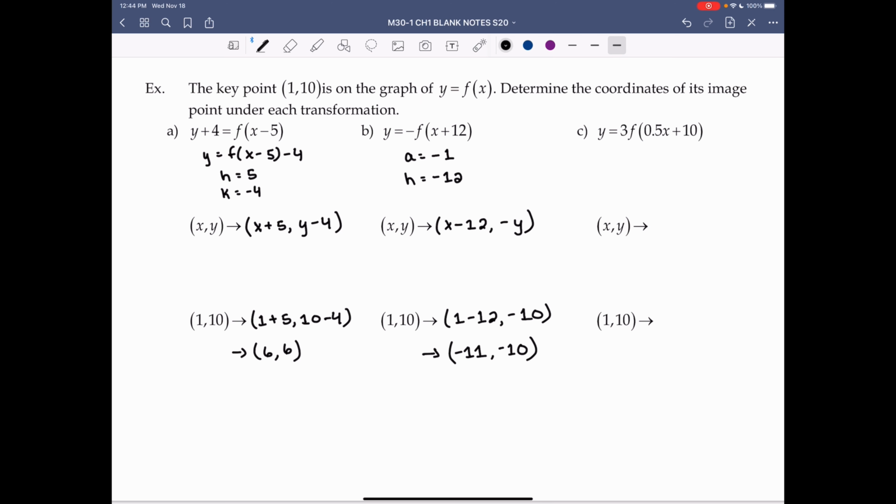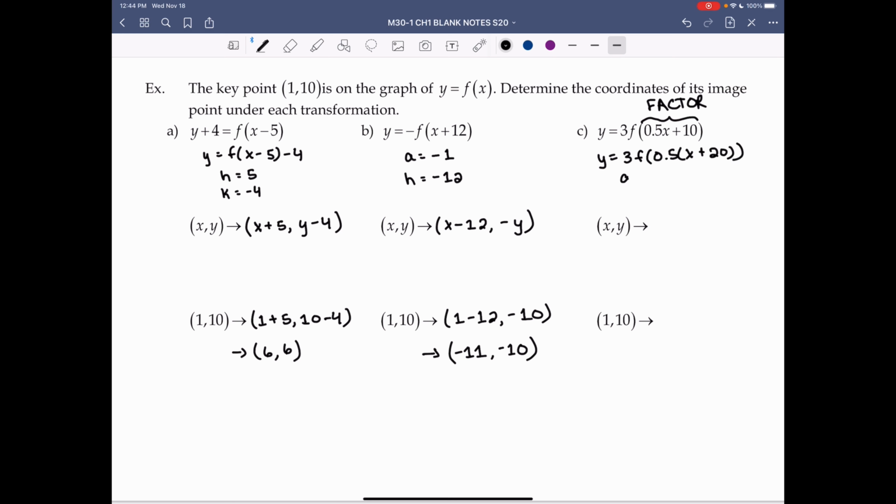C, y equals 3 f of 0.5x plus 10. Notice that our brackets are not factored. We need to factor out the coefficient in front of x. We get y equals 3 f of 0.5 bracket x plus 10 divided by 0.5, which would be 20, close bracket.